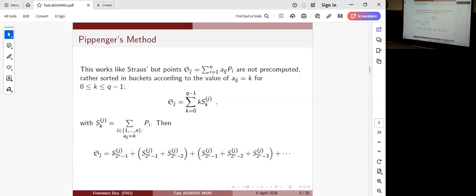And what you're doing is summing in this way. So sigma_j at 2 to the c minus 1 appears everywhere. It appears, in fact, 2 to the c minus 1 times here. So sigma at 2 to the c minus 2 appears 2 to the c minus 2 times, and so on and so forth. And you can compute these points very easily, because you can just have a second loop here to compute these points.